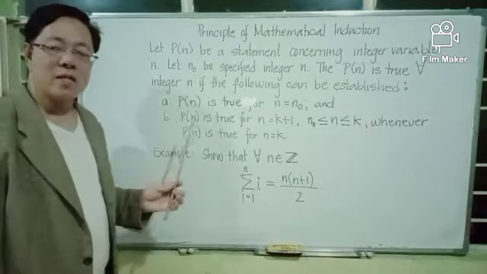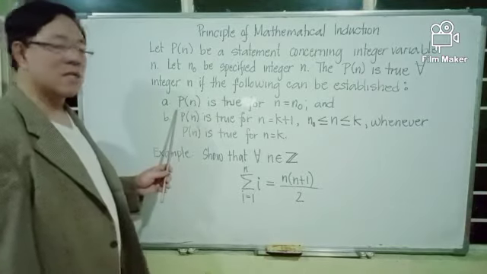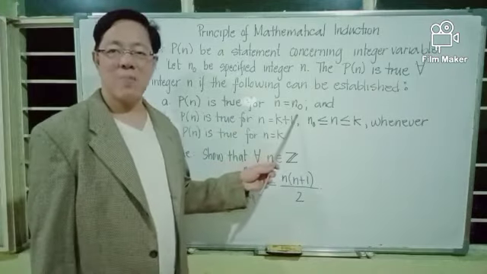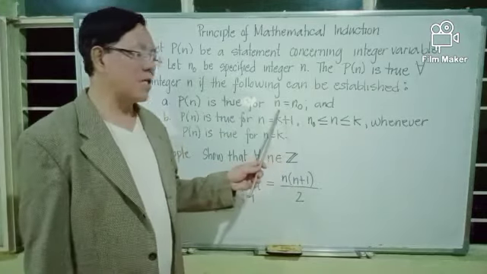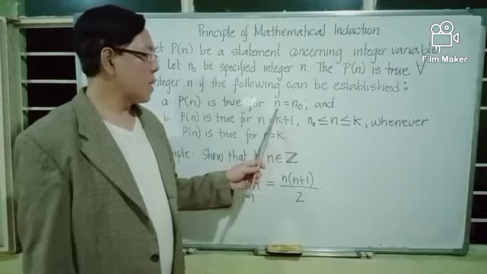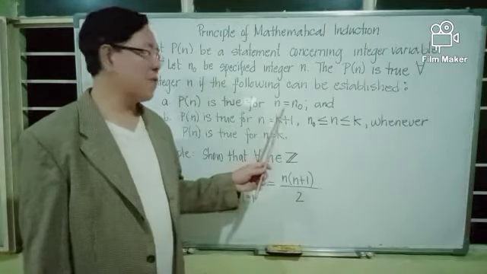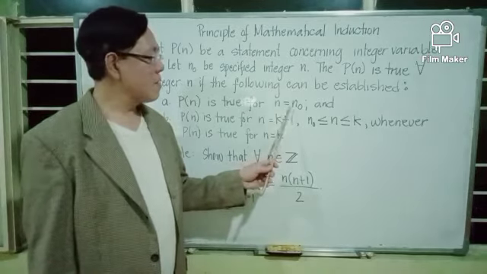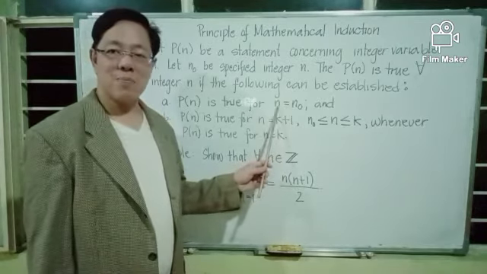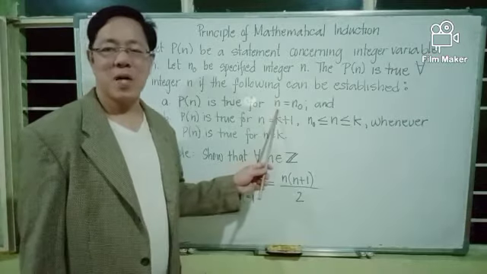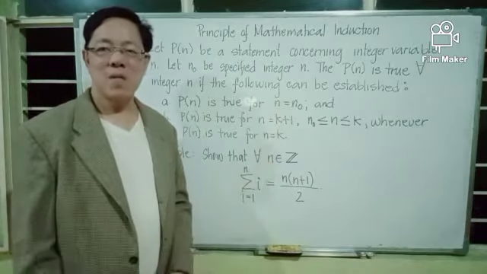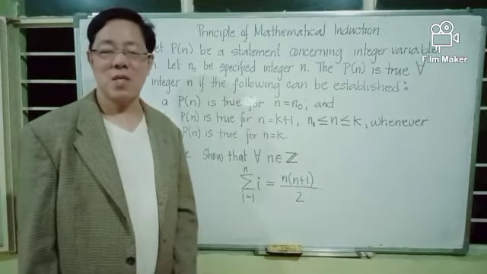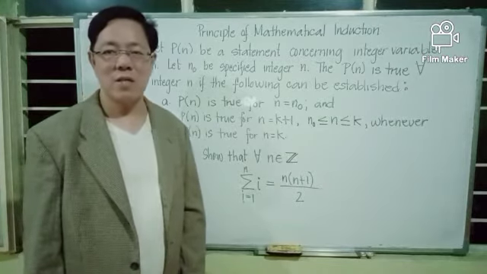The first one that you have to show is that the statement P of n is true for the specified value of the integer variable n. You assign a specific value n sub 0 for the integer variable n. Now, the set of integers includes the negative integers, 0, and the positive integers.